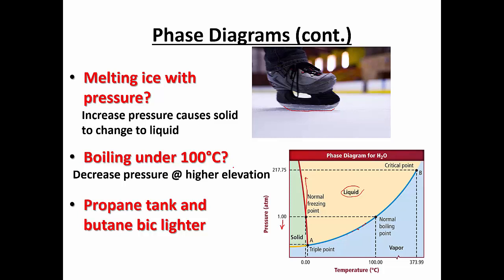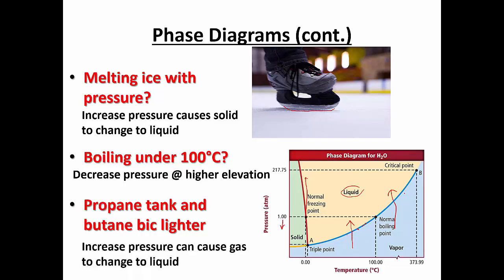And then another interesting one, like a propane tank or a Bic lighter. As your pressure goes up, you can actually force a gas to become a liquid. So an increase in pressure can change a gas to a liquid.